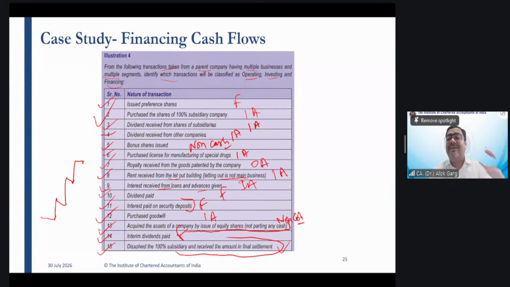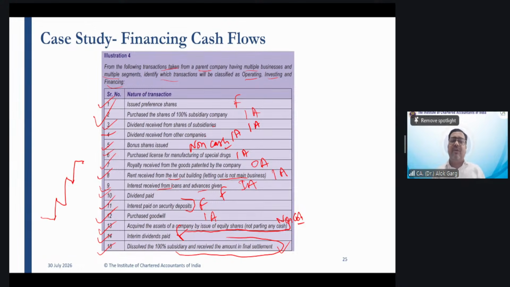In a way, the company is taking funding from another party and paying interest, using the money for working capital management. So that is why it is considered a financing activity. Any interest paid will be considered a financing activity.